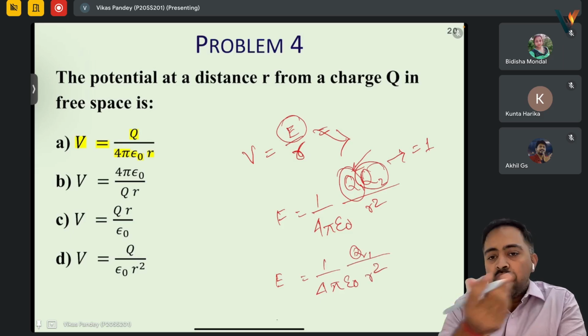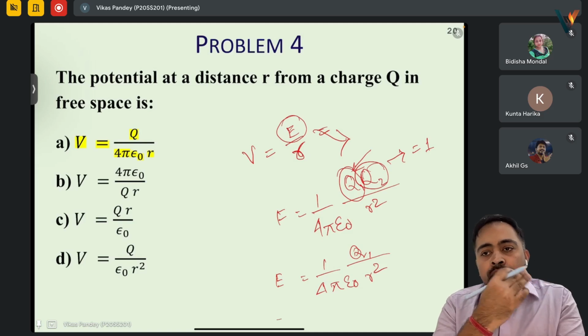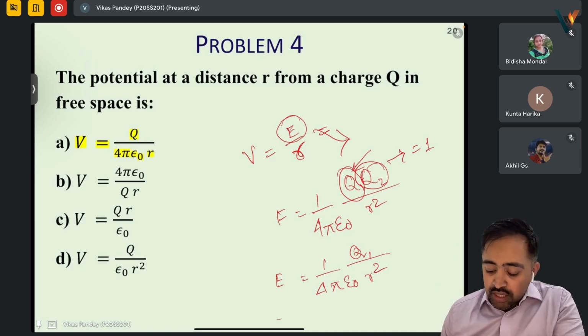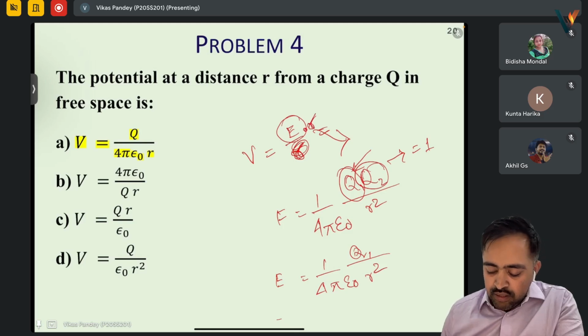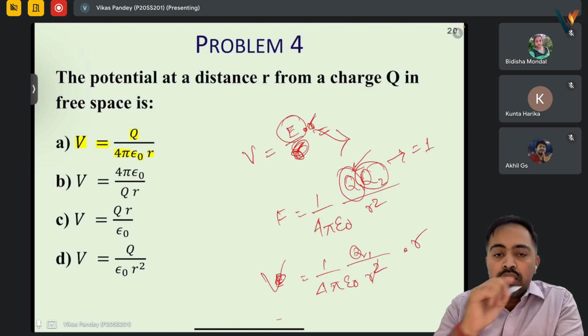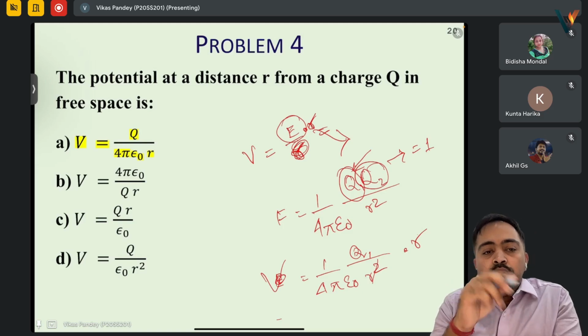At distance R, multiplying it with R will give us the voltage V, and this R will cancel out. So we'll get Q upon 4 pi epsilon naught R.